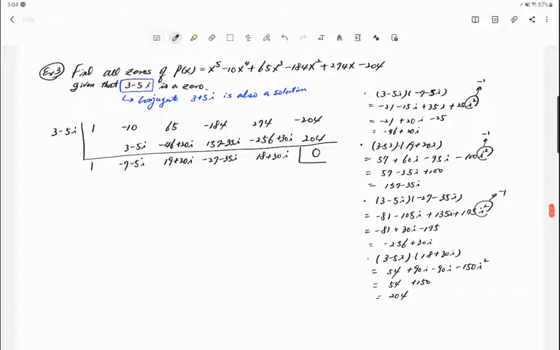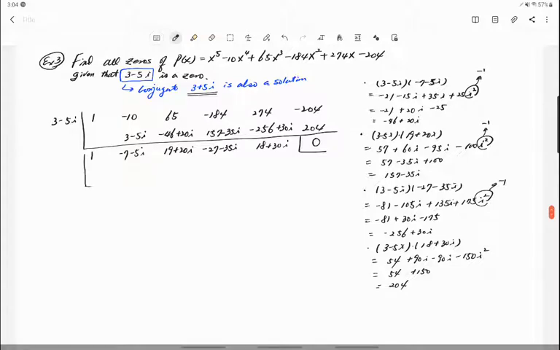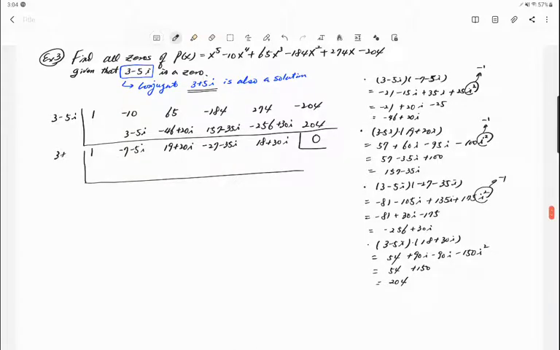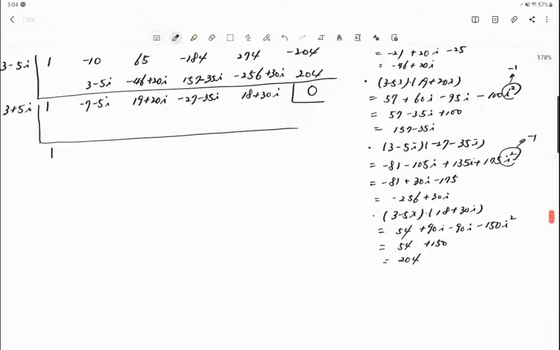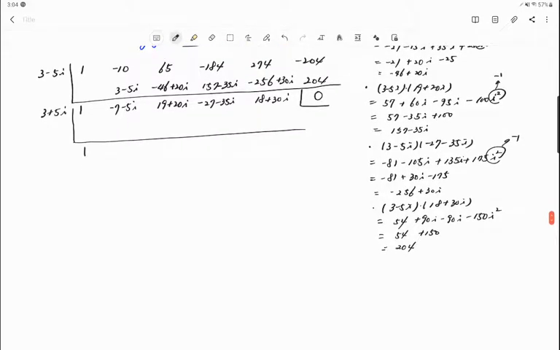All right, since 3 minus 5i is a solution, 3 plus 5i is also a solution. So we will do one more time. Divide the result by 3 plus 5i. So 1 goes down. Another multiplication, right? This time let's use a scratch paper.